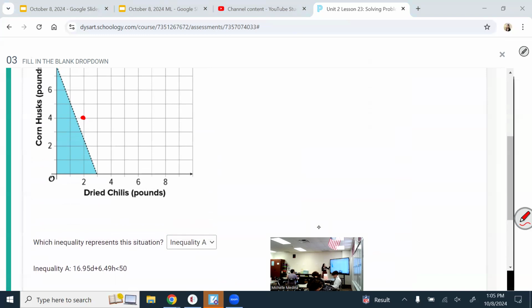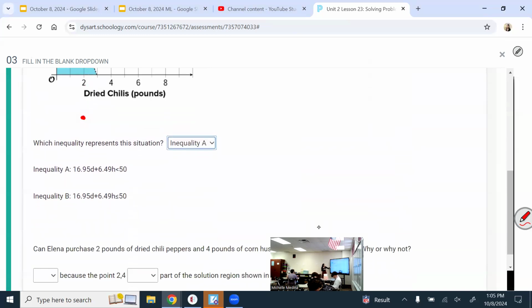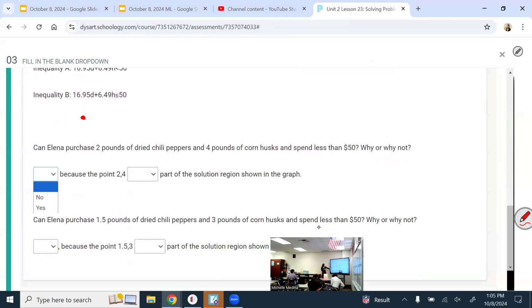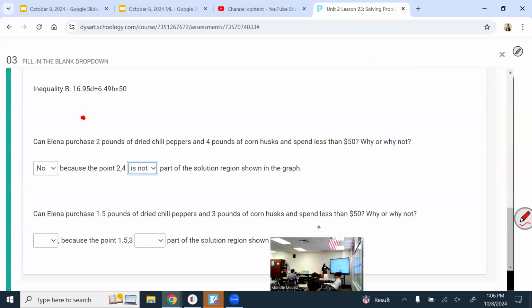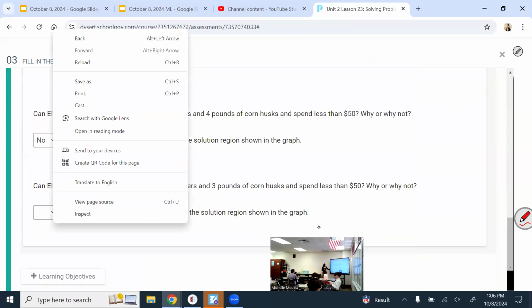No, because it's not in the shaded area, and it's also not on the solid line. So you'd say no, and your coordinate should have parentheses, but it says the point (2, 4) is not part of the solution region shown in the graph. It's not in the shaded area.